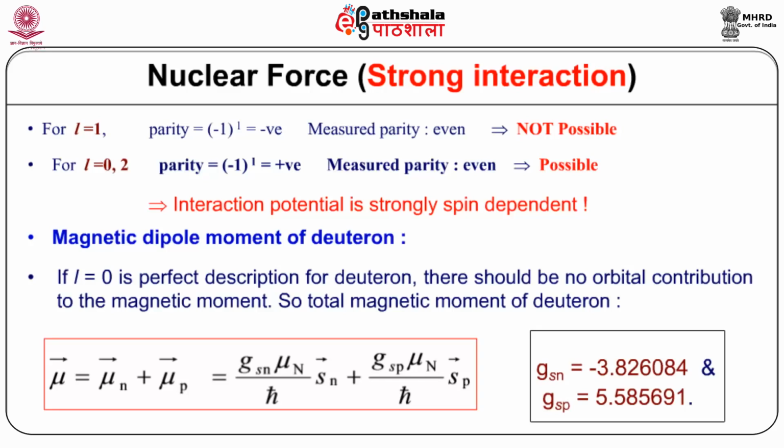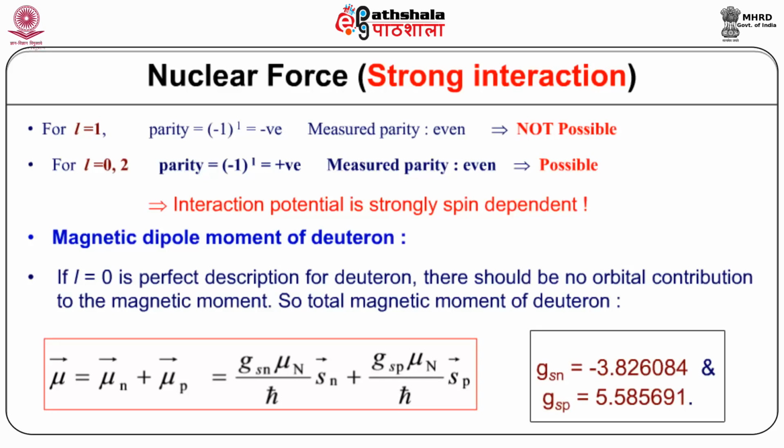What does this mean? It states that if L = 0 is a perfect description of the deuteron, that is, if we consider that the deuteron ground state has L = 0, then mu_L, the magnetic dipole moment due to the orbital motion, has to be 0.